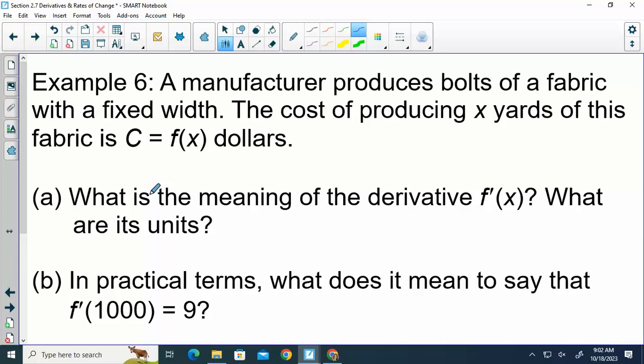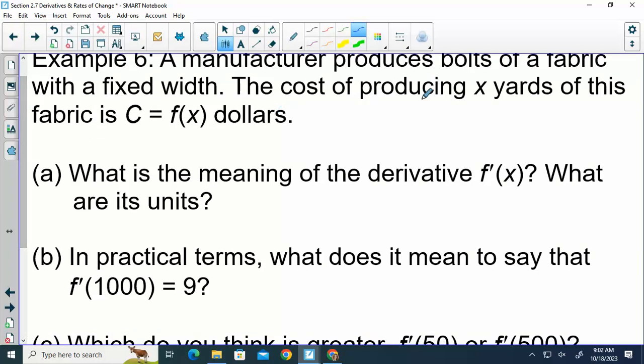A manufacturer produces bolts of a fabric with a fixed width. The cost of producing x yards of this fabric is C equals f of x dollars. Okay, so it's basically telling me my x is the yards of fabric and the y is my cost, which is measured in dollars.